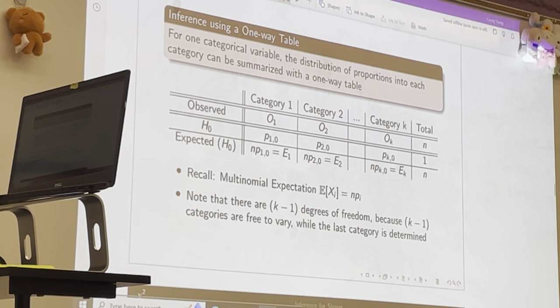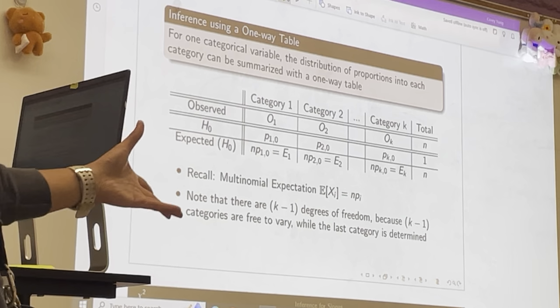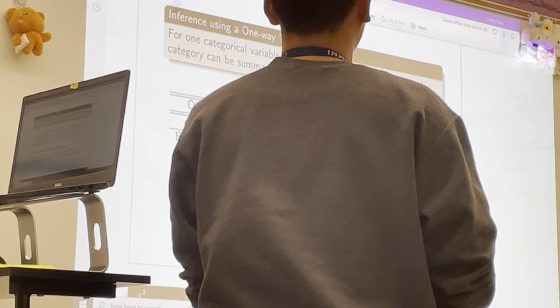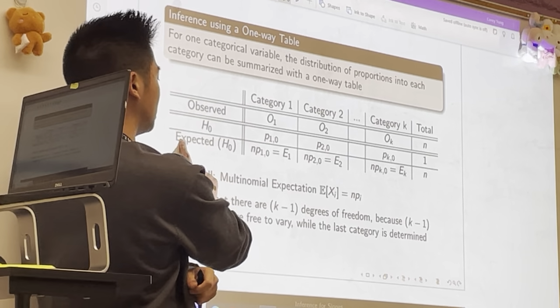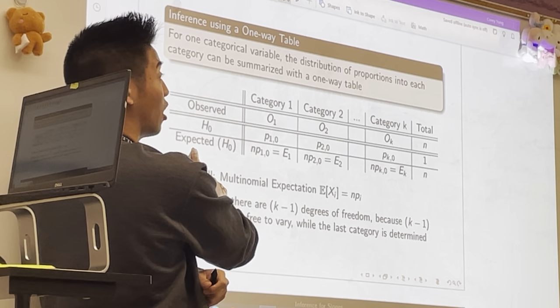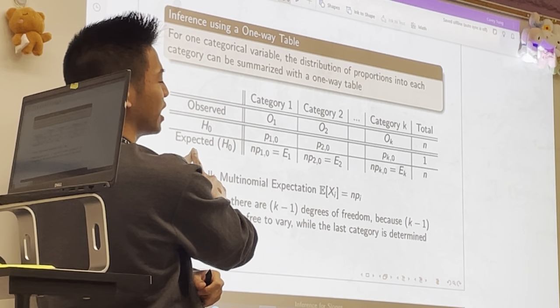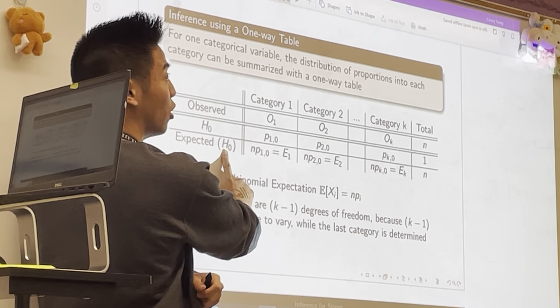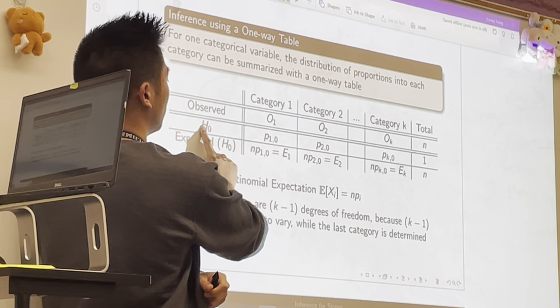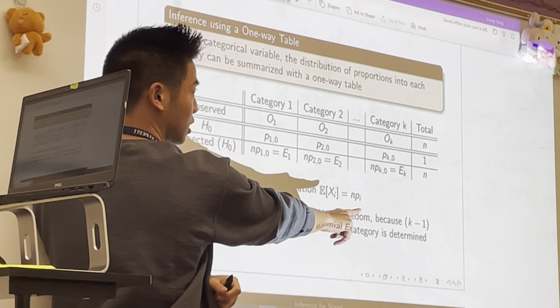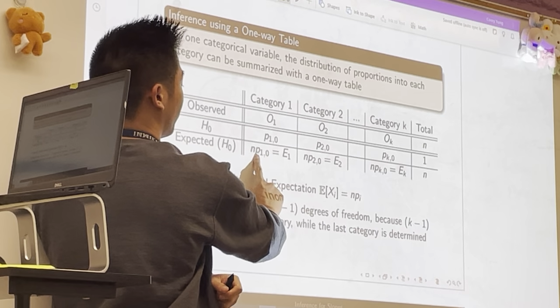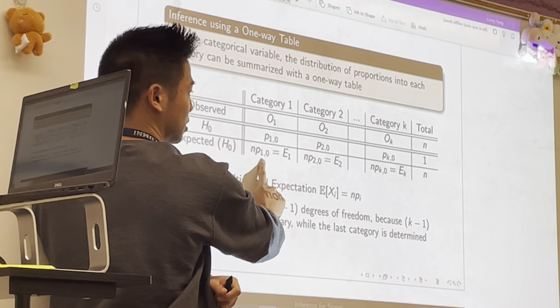Well, if you go back to the formula for the chi-square, I have to compare observed counts with expected counts. So the expected counts are what the counts look like under the null hypothesis. So if I know the probabilities under the null, then I should be able to find the expected counts.